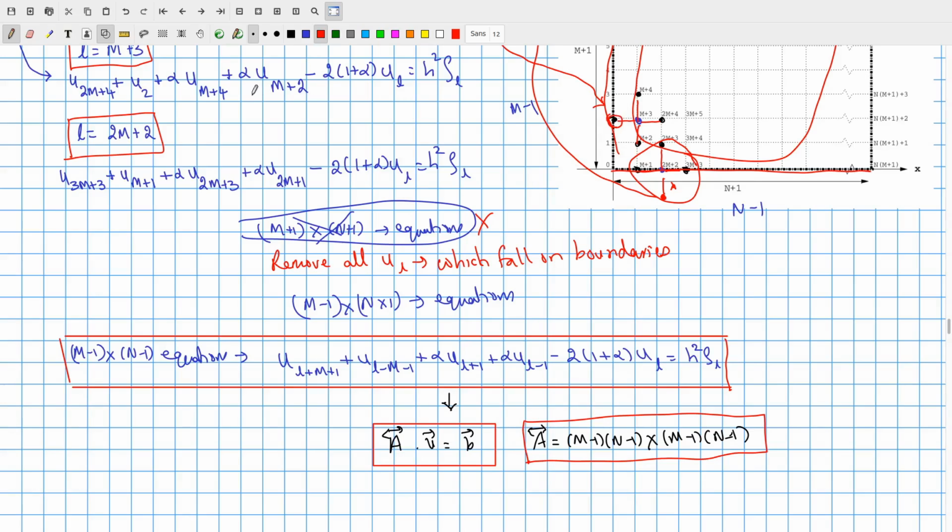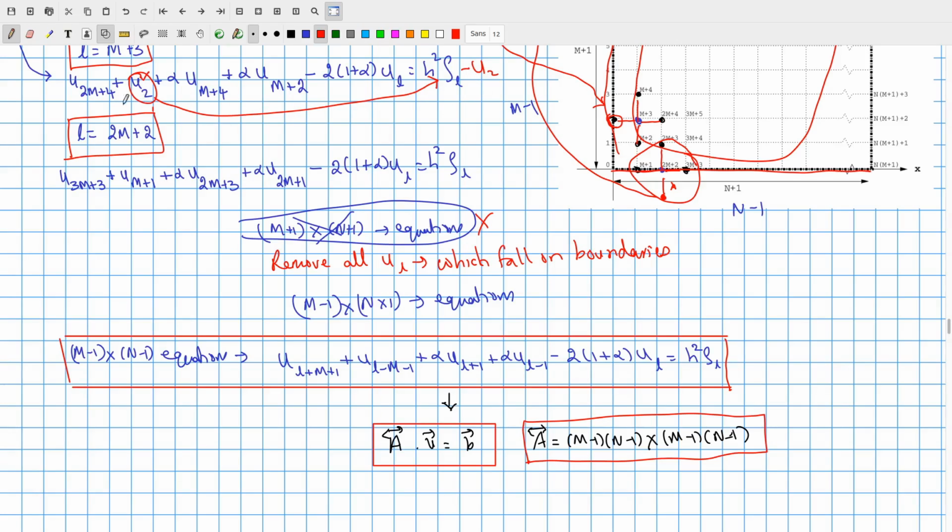In this case, that is u of 2. This is a known quantity, so we have to take it to the other side, so it becomes minus u of 2. Then in the left hand side we write all the unknowns, and in the right hand side we keep the known quantities. That's why you have to remove all the boundary points.